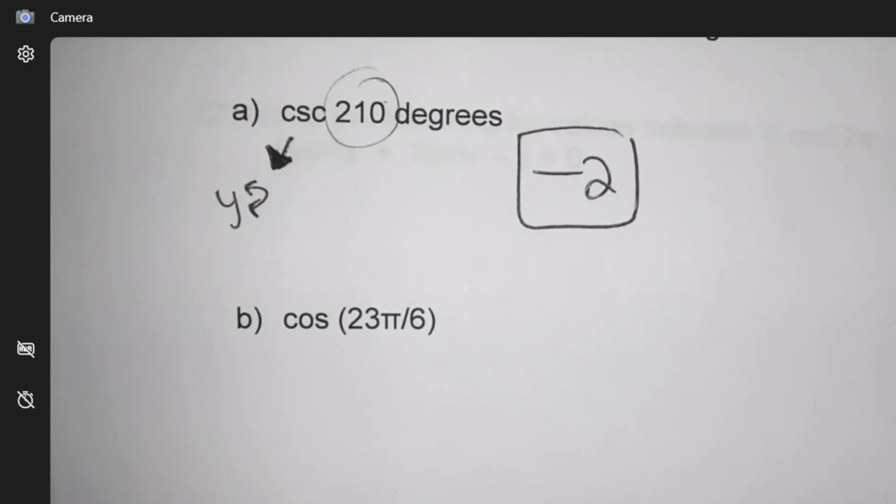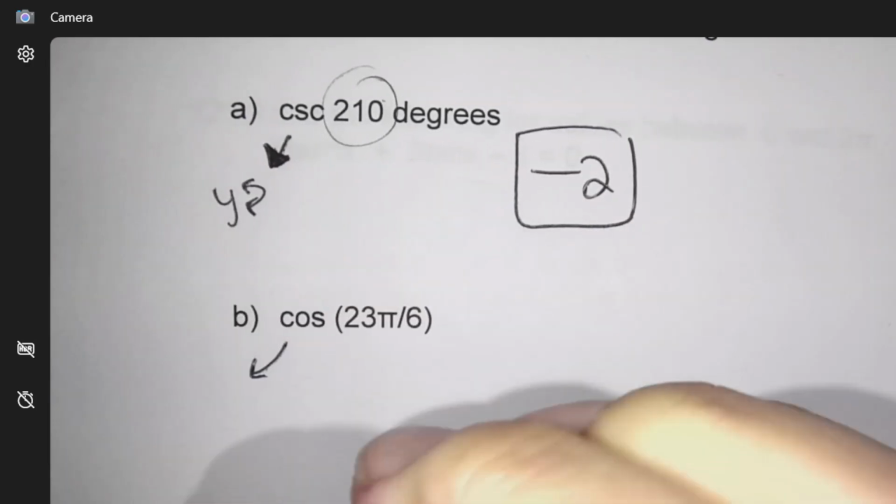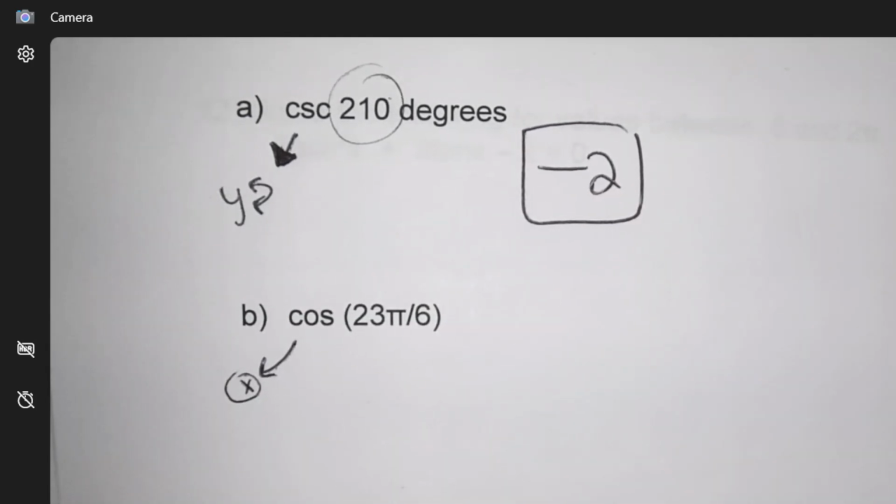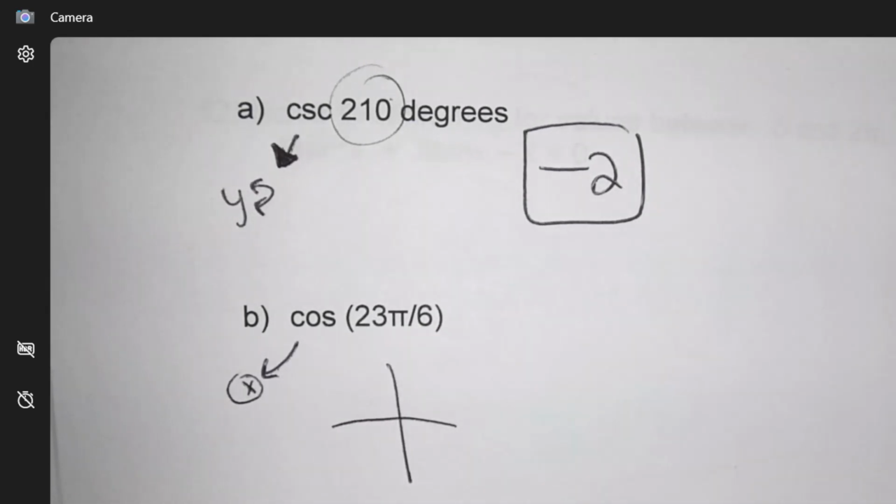So the what and the where. So cosine, the what is to figure out x, and the where. So you're going to have to do a bunch of rotations here.